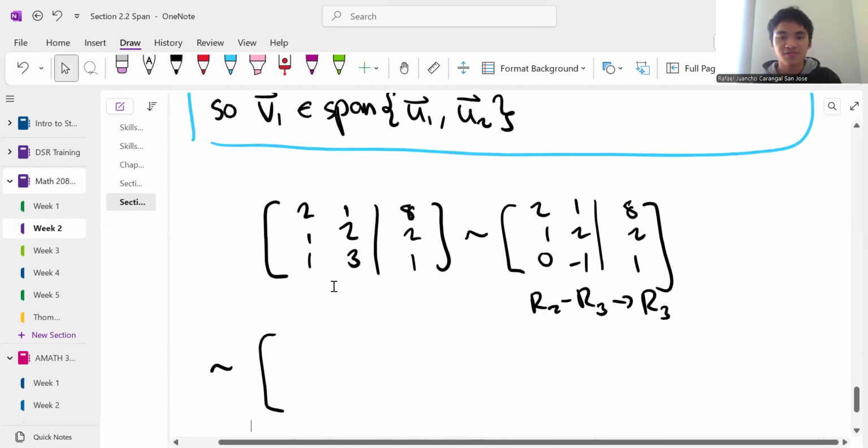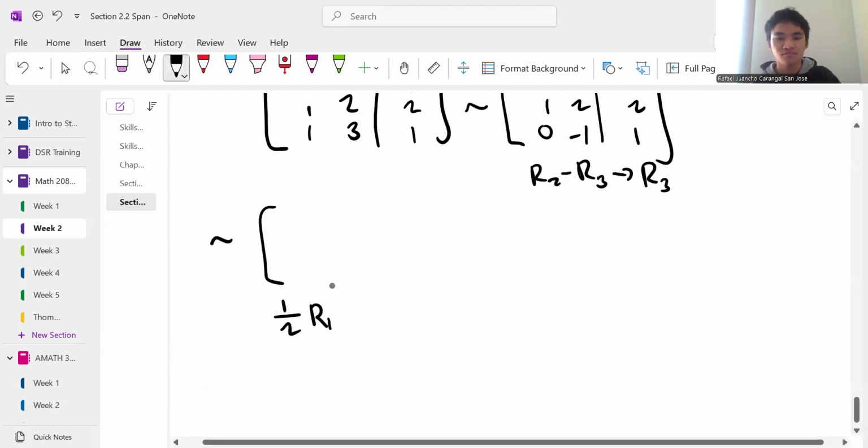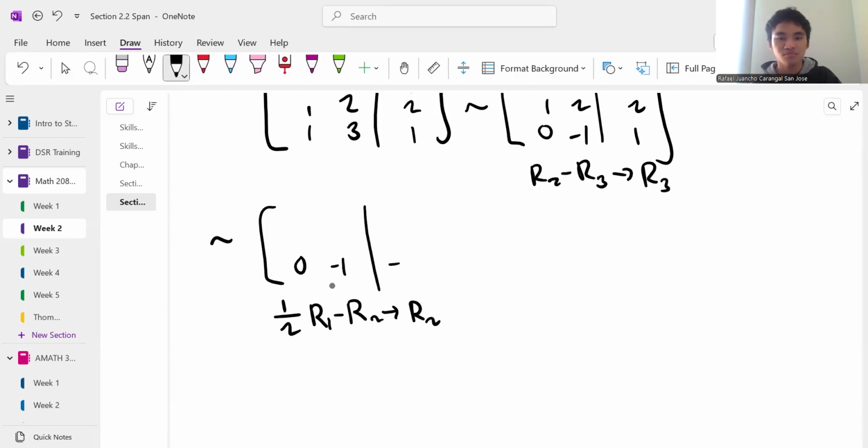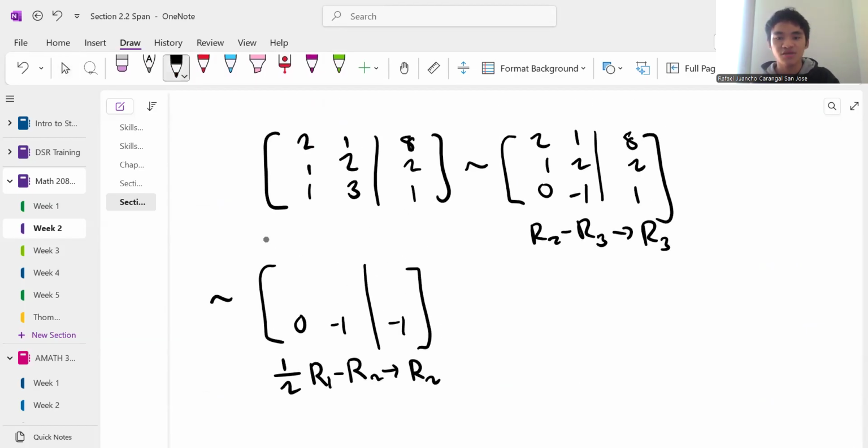A half of R1 minus R2, we put that in R2. So this would give me half of R1. So this is 1, half, 4. 1 minus 1, 0. Half minus 2 is negative 3 halves. Half minus 4, 2, 3 halves. And then 4 minus 2 is 2.